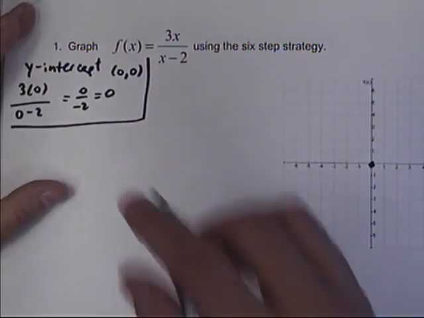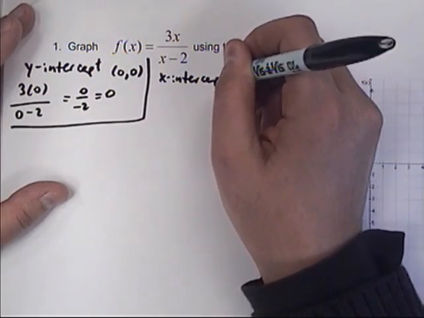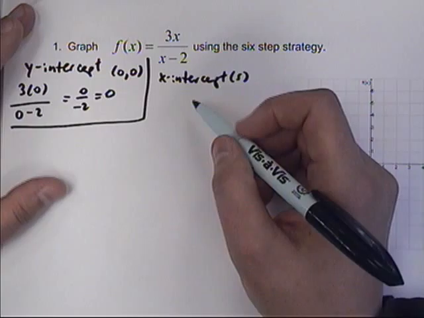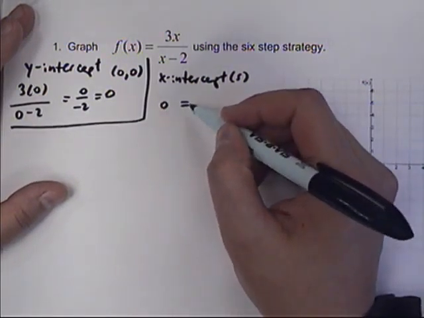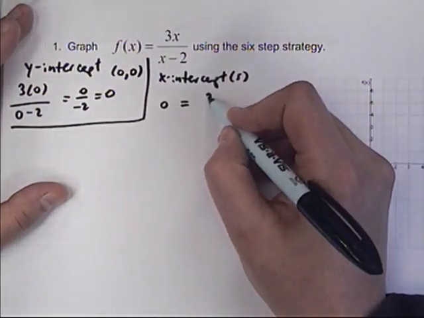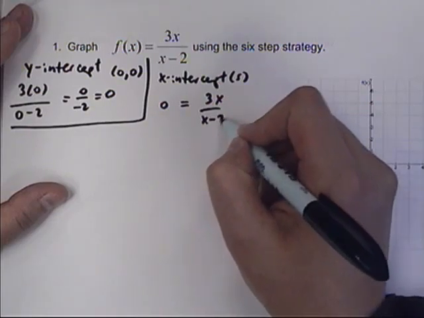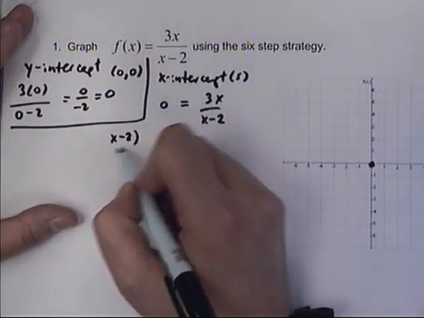Let's see if we have any x-intercepts. I don't know if I have one or many, so how do I find the x-intercepts? Well, I put a 0 where the y is. The y value is the same as f of x, so the 0 goes there. Now I'm going to multiply both sides by x minus 2.